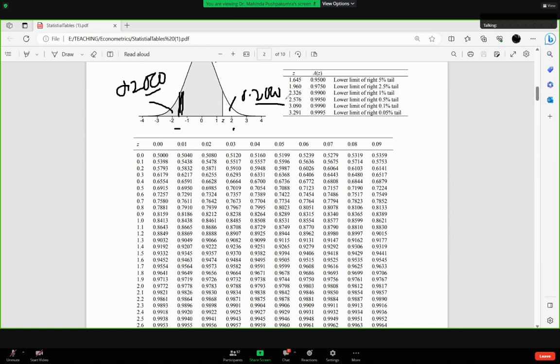In this table, they have given values related to this area. Let's say we want to find it, this part should be 0.20. Then what could be this part? 0.800.